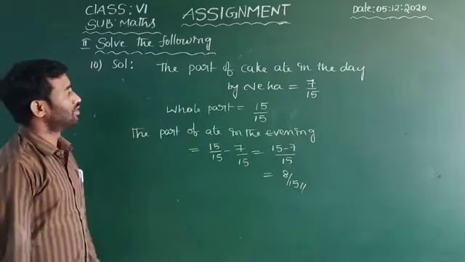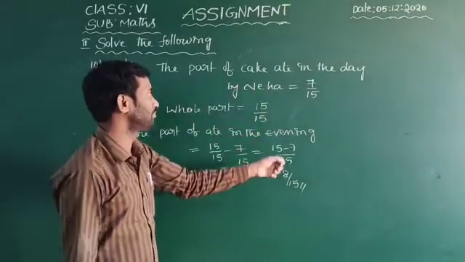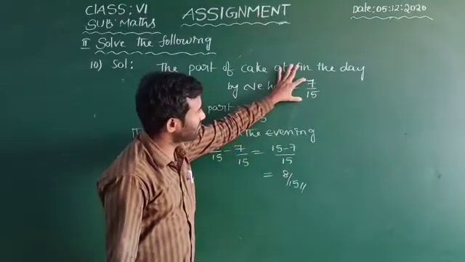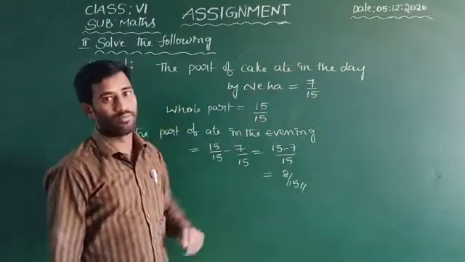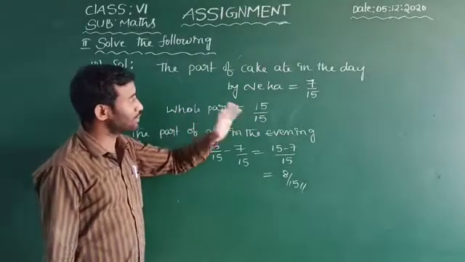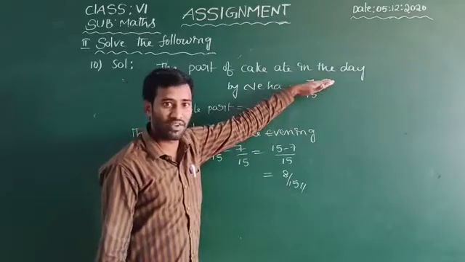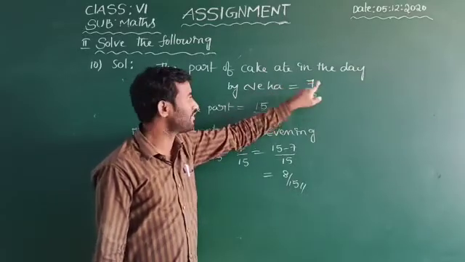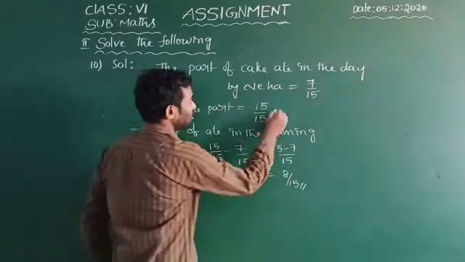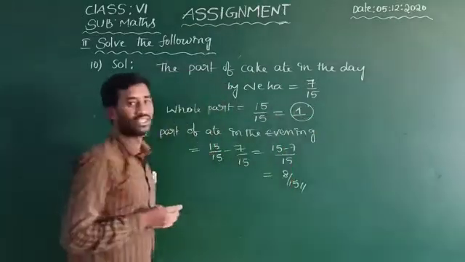See, out of the whole, she ate 7 by 15 immediately, that is, in the daytime. But we need to take the whole as 15 by 15. Why? Because the cake was divided into 15 equal parts, so the number of equal parts is also 15. So 15 by 15 equals 1, that is the whole cake.